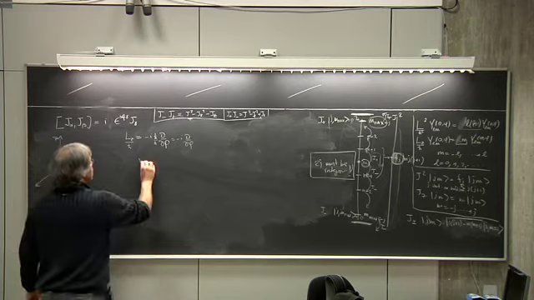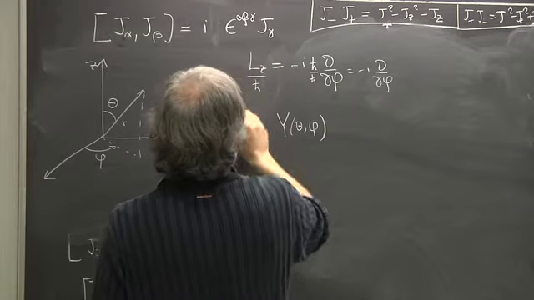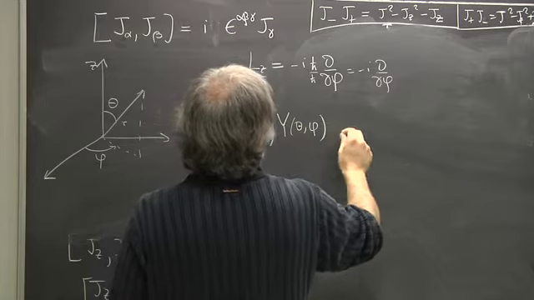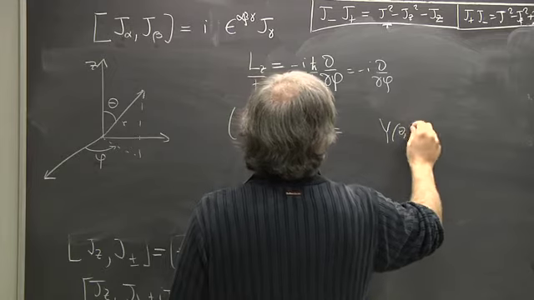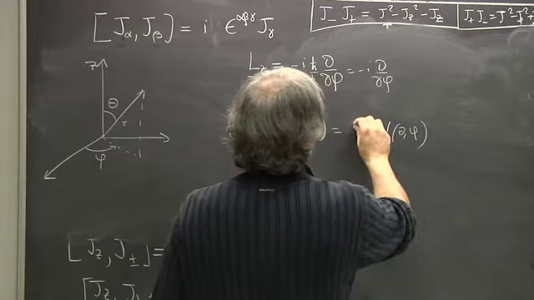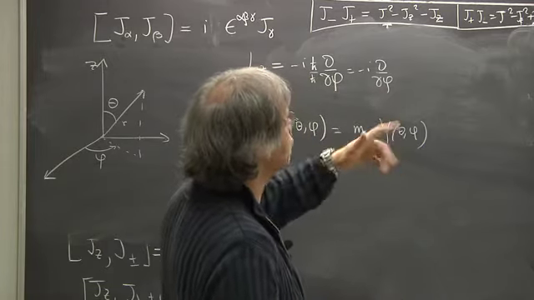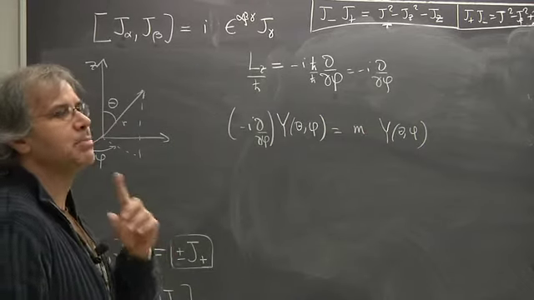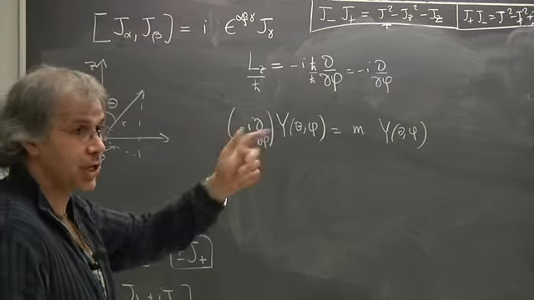It means that it must be a function of, in general, theta and phi, such that if you apply this operator, so you apply minus i, the derivative with respect to phi, you get the same function times m, where m is any number between minus j and j. Now, what I want to argue with you is that m must be integer and not half integer, for instance, as it would be if j was half integer.